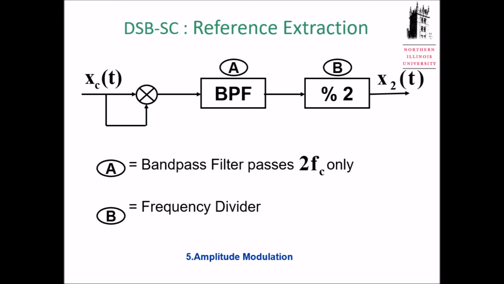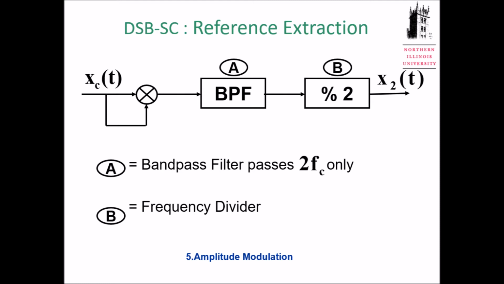However, people use an even smarter method. I believe it's even a smarter method. So we extract the reference signal frequency from the received signal. Let's see what we can do. The received signal will mix with itself, step one, then go through a bandpass filter.